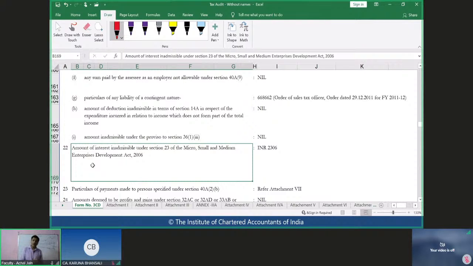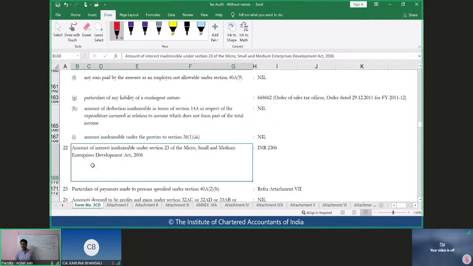In fact, if you look at the presentation, this will be appearing in the balance sheet also separately. If you look at the Schedule 3 financial statements, separate presentation is required in terms of the payables to micro and small enterprises. Now the interest on that would have been disclosed by the management in the financial statements.